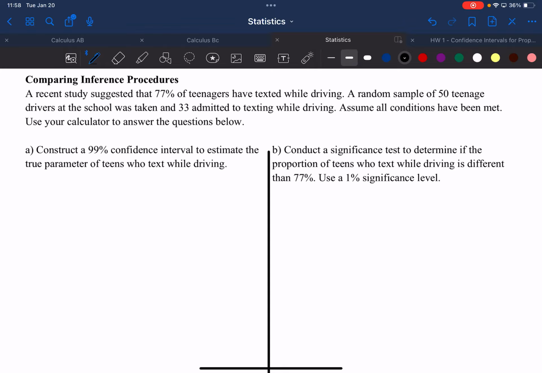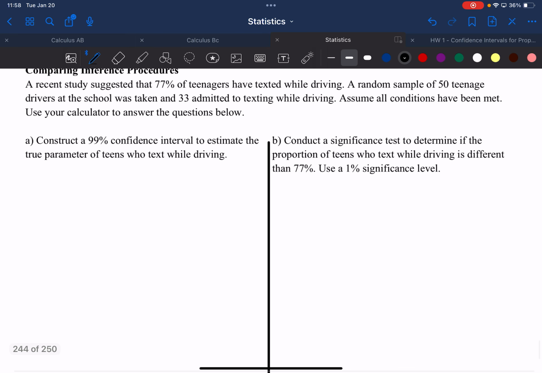A random sample of 50 teenage drivers at the school was taken and 33 admitted to texting while driving. Assume all conditions have been met. Use your calculator to answer the following. The first thing it wants us to do is construct a 99% confidence interval to estimate the true parameter of teens who text while driving.